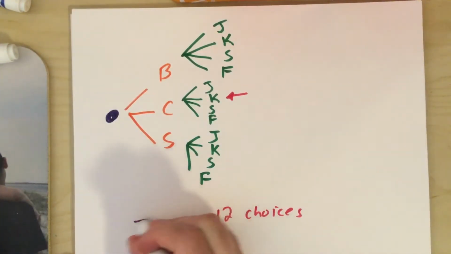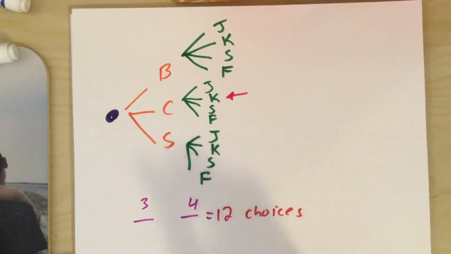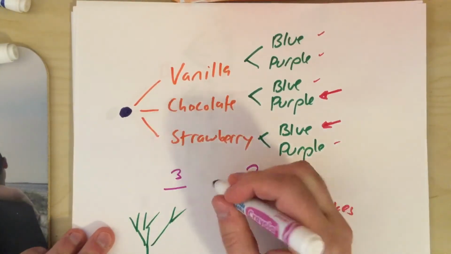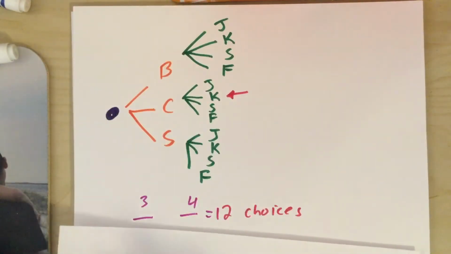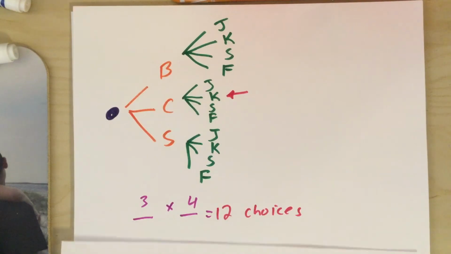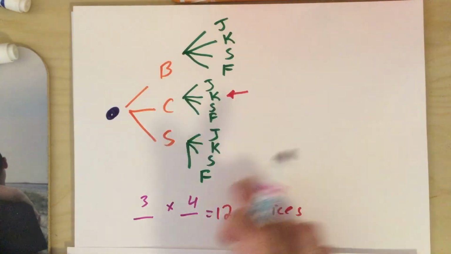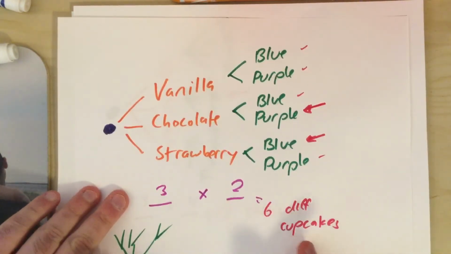And here we had 3 types of shoes and 4 types of pants, and that gave us 12 choices. And in fact, if we multiply it, 3 times 2 is 6, and 3 times 4 is 12. And that's how a tree diagram works. You take each choice, you take the number of options, you multiply it, and that gives you the total number of unique options.